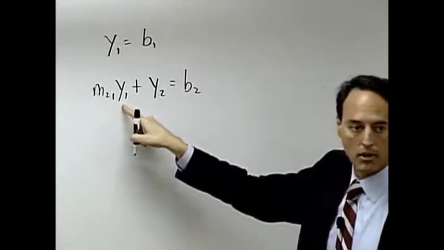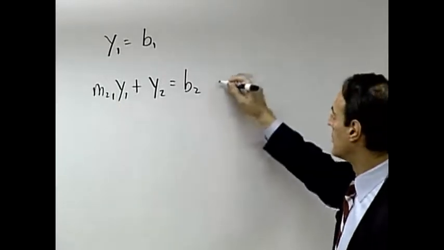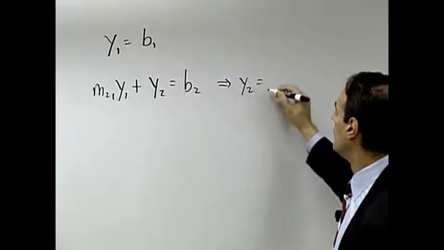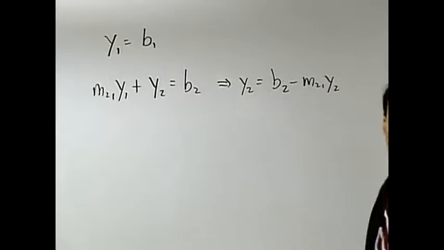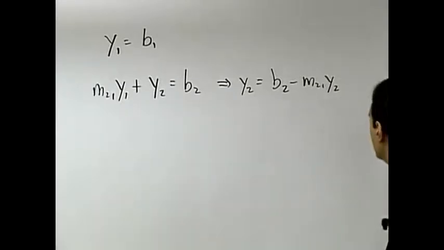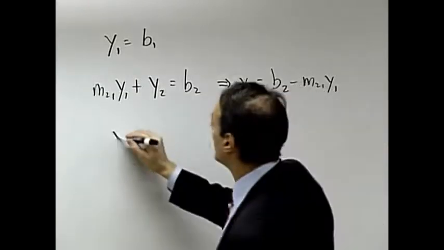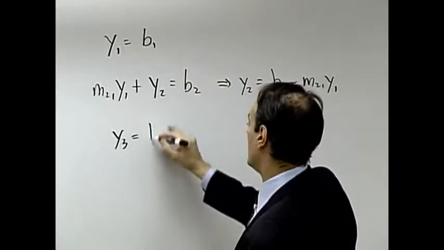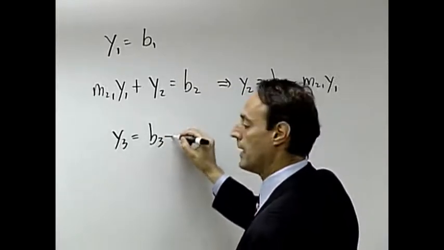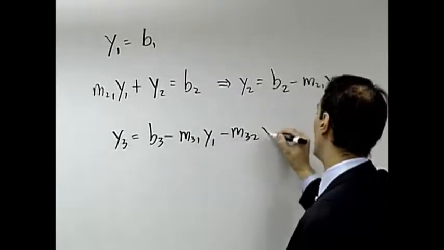I already have y1 and I know what m21 is, so y2 is equal to b2 minus m21 y1. And y3 then is b3 minus m31 y1 minus m32 y2.